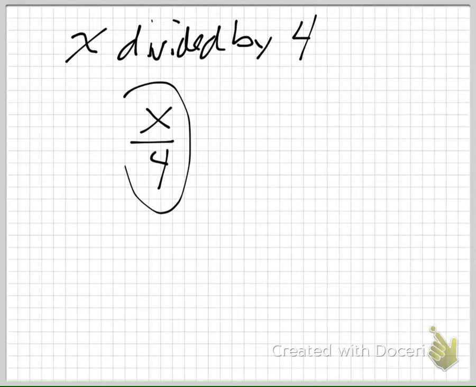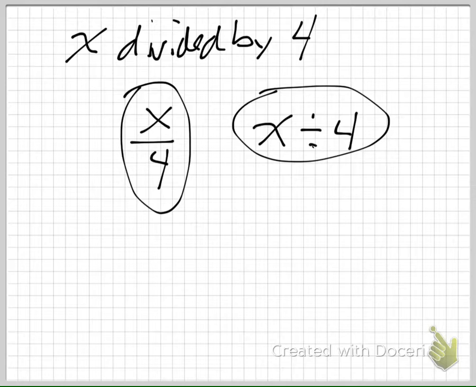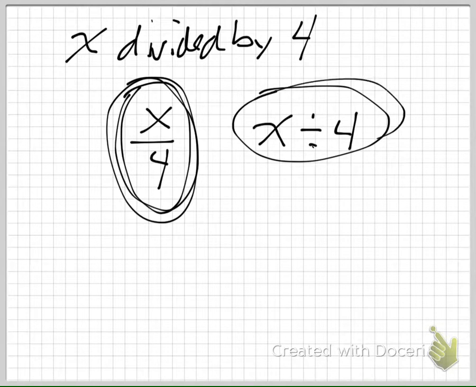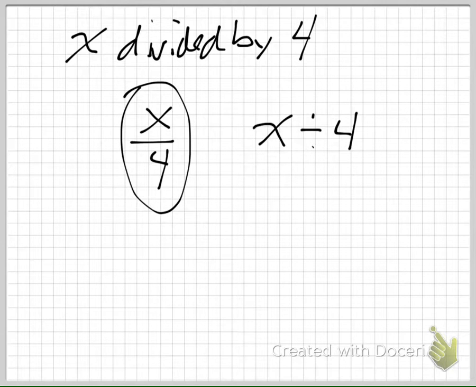That's one way. What's another way of writing x divided by 4? Right? That works. This is not algebraic anymore, though. This is how you would write it algebraically. This is not. Is it wrong? No, not at all.